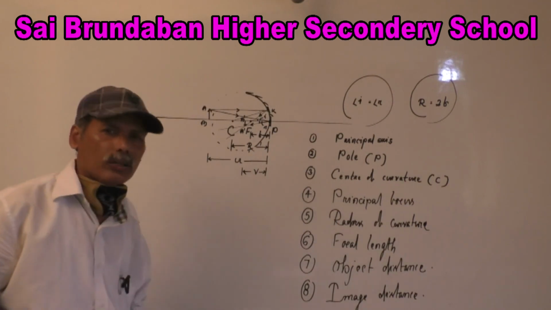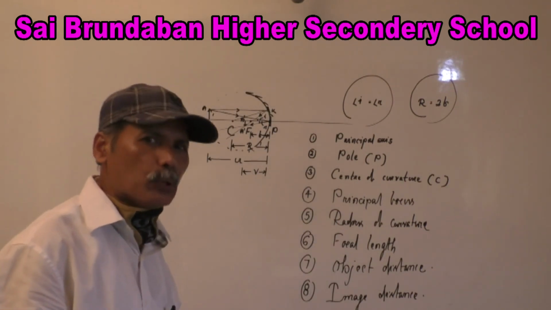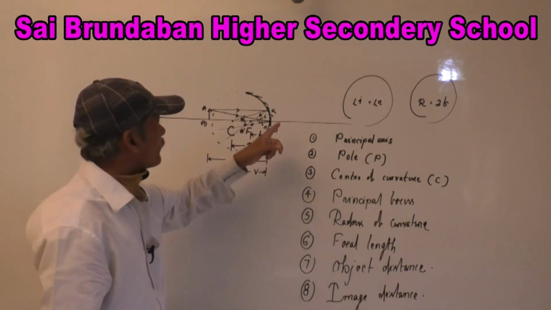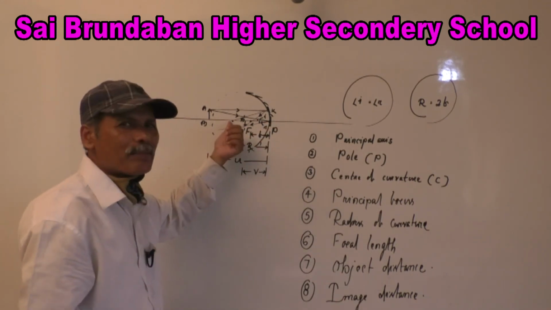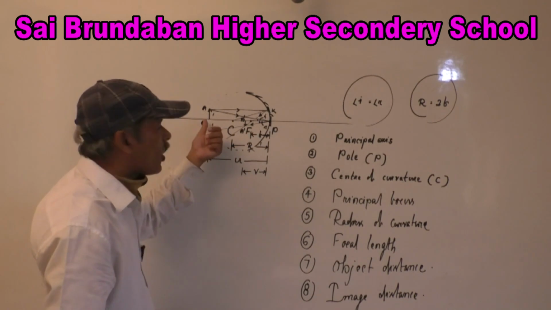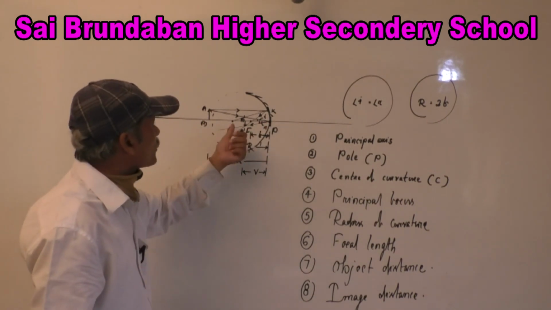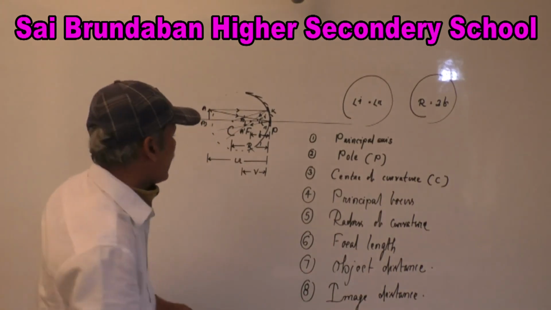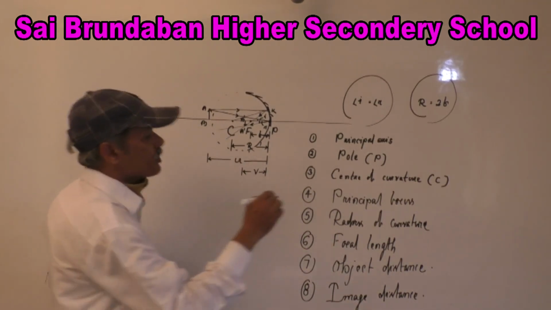All the distances are measured from the pole: from the pole to the principal focus, to the center of curvature, to the object, and to the image. Another most important point is the symbols.